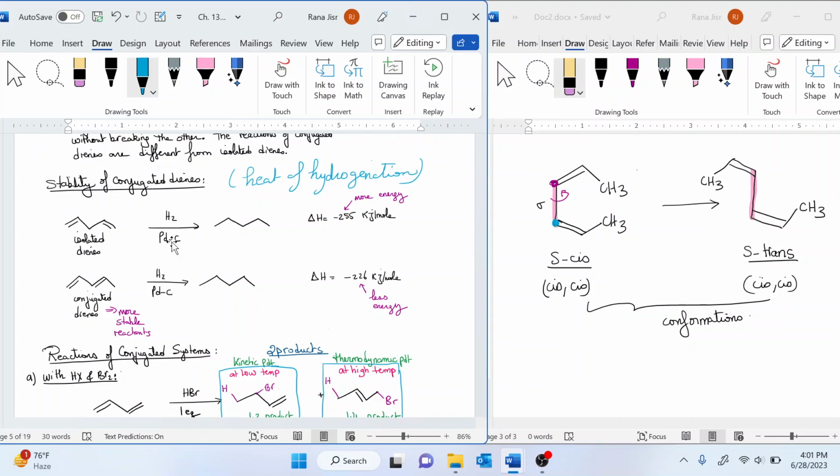If you get a lot of energy, this means that your system is not stable. If you get less energy, this means that your system is stable. Conjugated dienes give the lowest amount of energy compared to isolated and cumulated dienes, and this is why they are very stable.